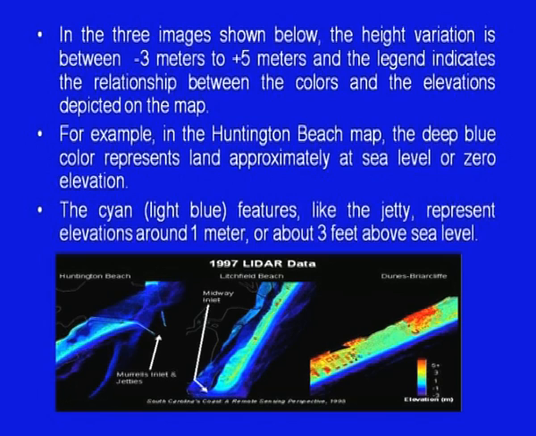For example, in the Huntington Beach map, the deep blue color represents land approximately at 0 level or mean sea level. The light blue features, like the jetties, represent elevations around 1 meter above sea level.